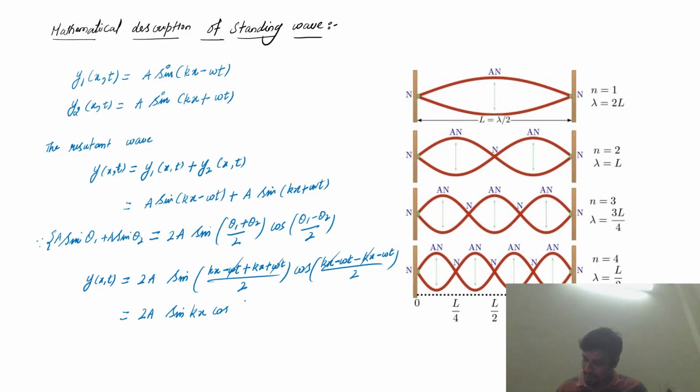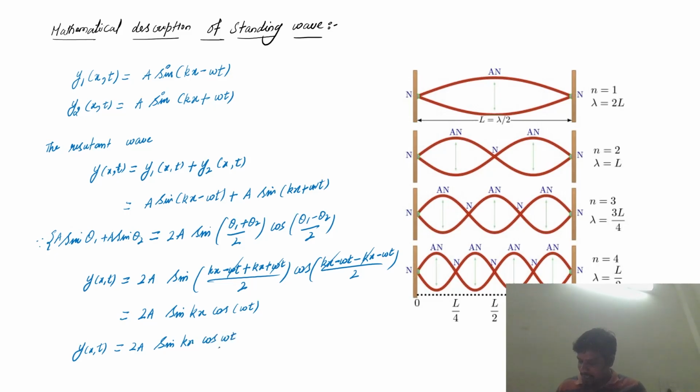It will be cos of minus 2 omega t divided by 2. So we have cos of minus omega t. Cos of minus theta is plus cos theta, so simply it's cos of omega t. So the resultant wave y(x,t) equals 2a sin kx cos omega t.